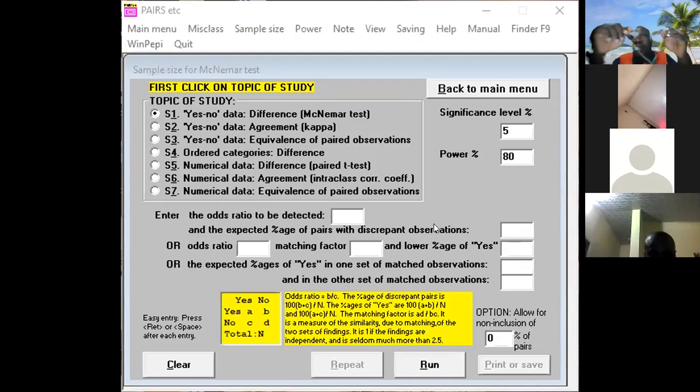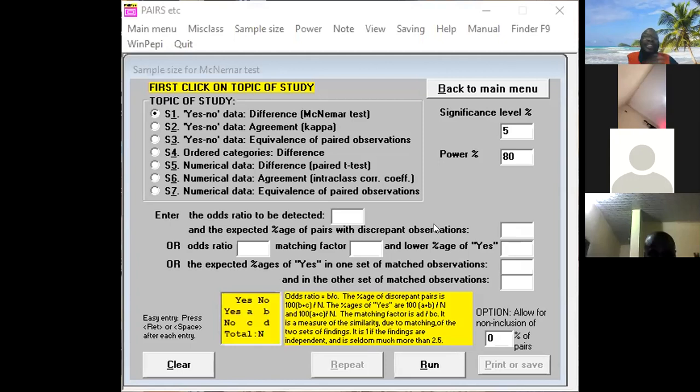Maybe healed or not healed. You can even say hypertensive, not hypertensive, or anemic, not anemic. Maybe you measure the rate of anemia before, and say this person is anemic, not anemic. Later, you come back to assess them.